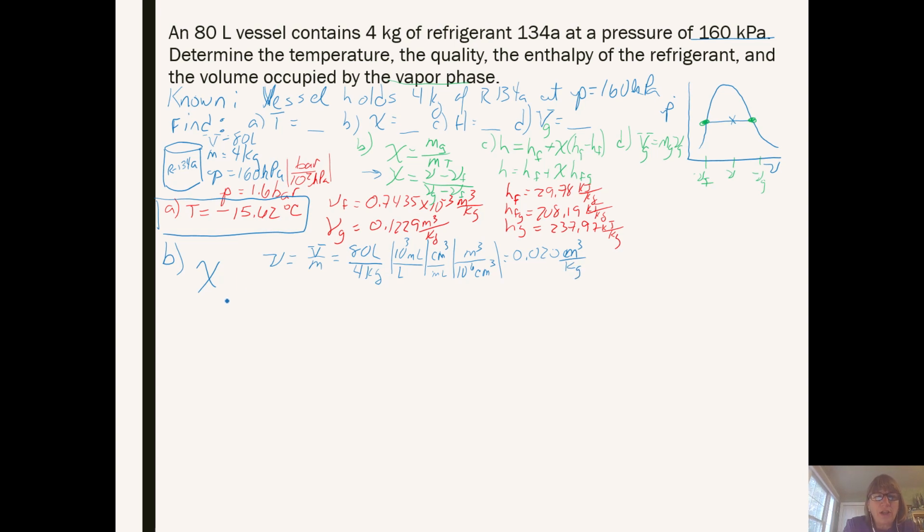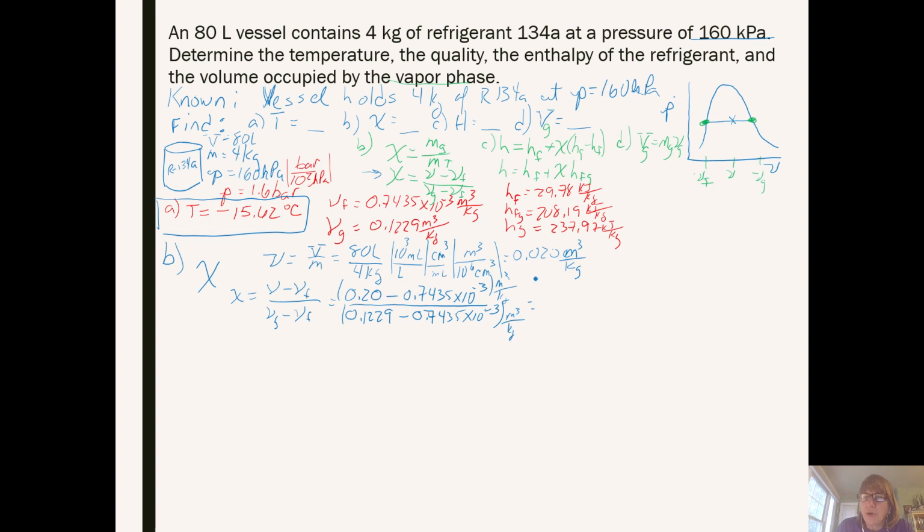So to find the quality here, we're going to take our specific volume minus saturated liquid, over saturated vapor minus saturated liquid. So we just put our numbers in. Okay, so the units will cancel because this is meters cubed over kilograms.